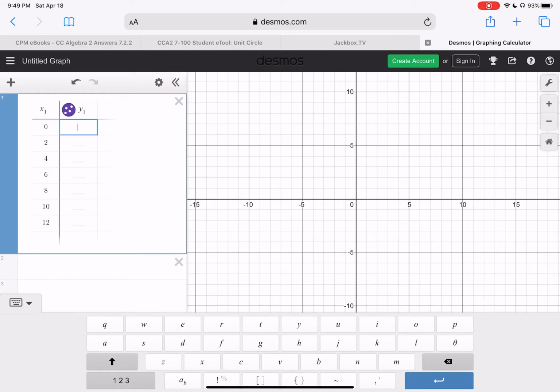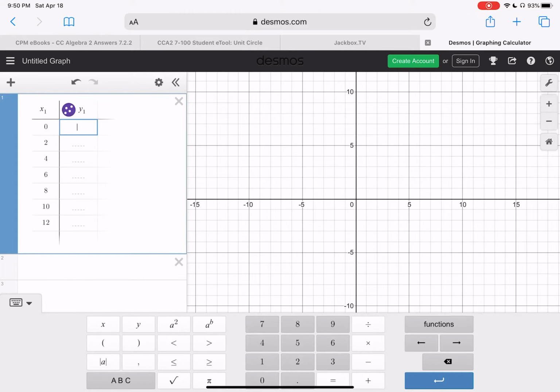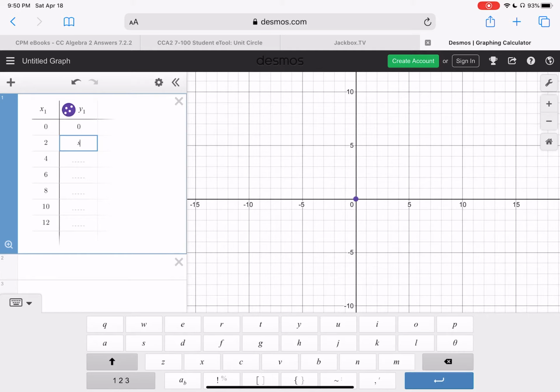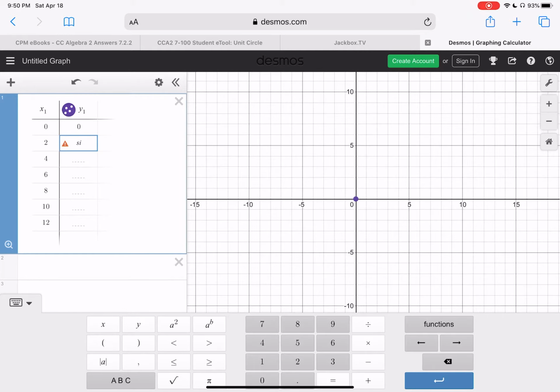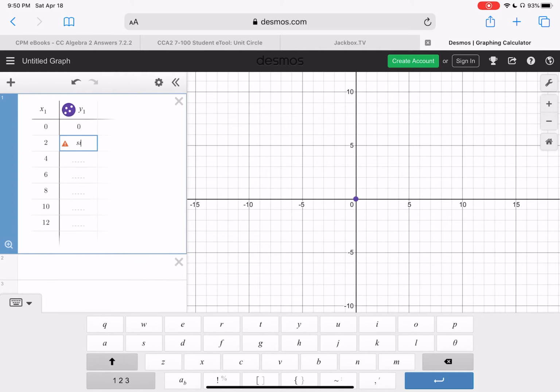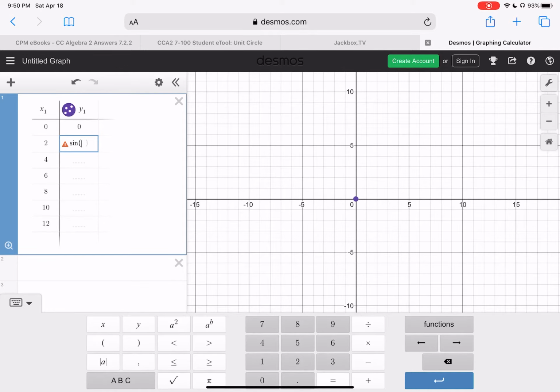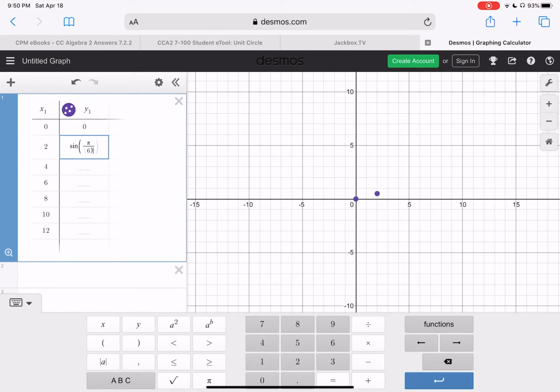Y was 0, or sine of 0. Sine of pi over 6.